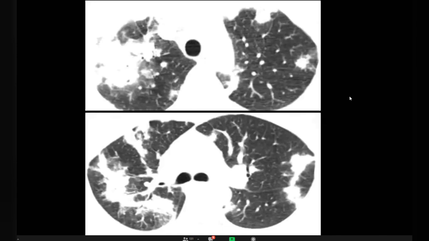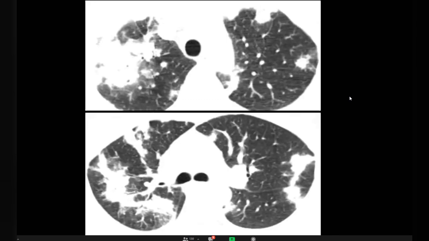They are not following any lobar pattern, and a few air bronchograms are also noted in these consolidations, in a peribronchovascular pattern. My differentials would be, as he is not responding to antibiotics, I will keep bronchoalveolar carcinoma in my differential.